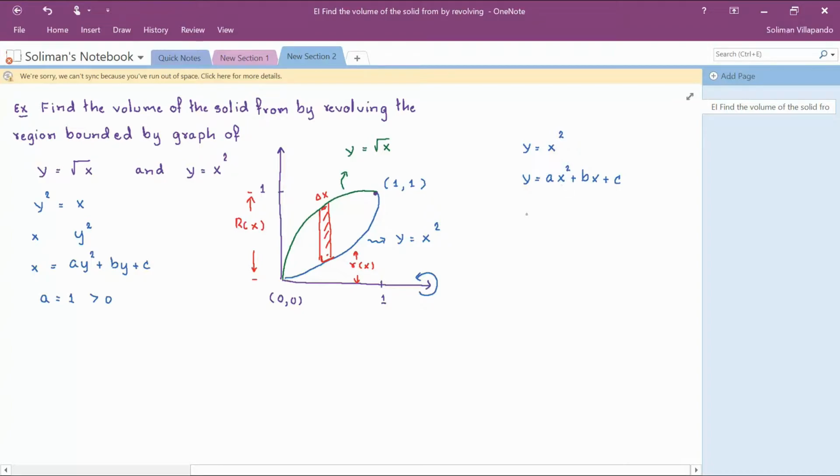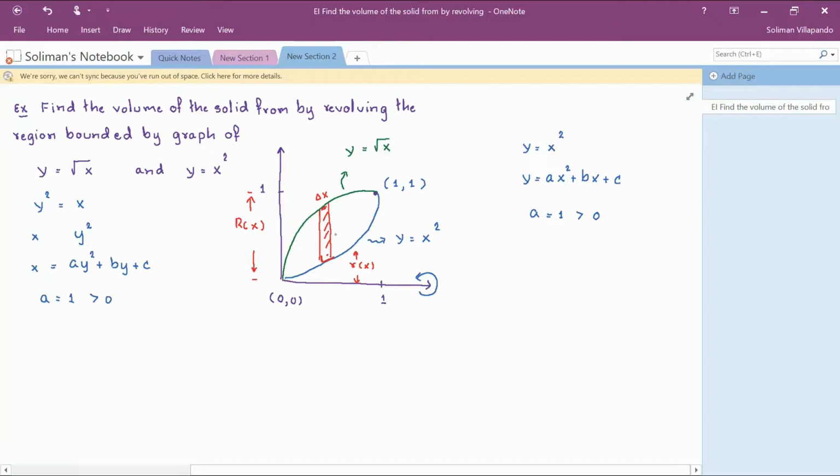In this case, a is equal to 1, which is positive, so you're going to have a parabola open upward. You can see the blue graph here is a parabola open upward. This is just the first quadrant. If you complete the second quadrant, it's going to be a parabola open upward.